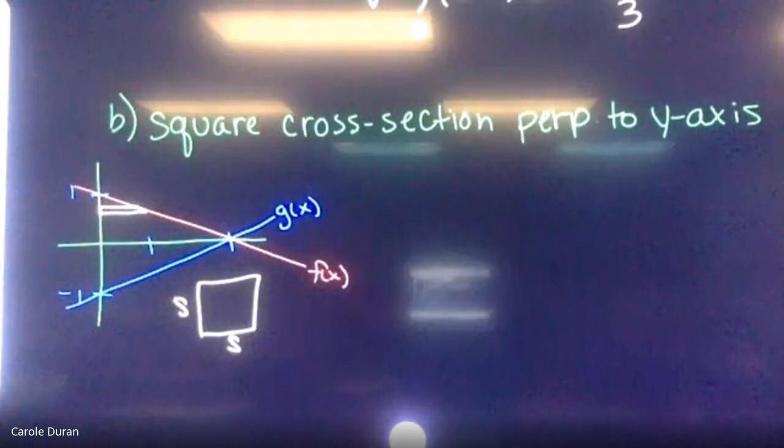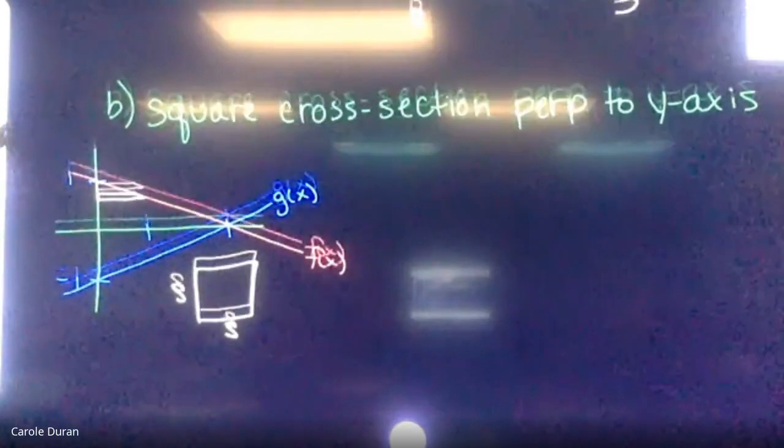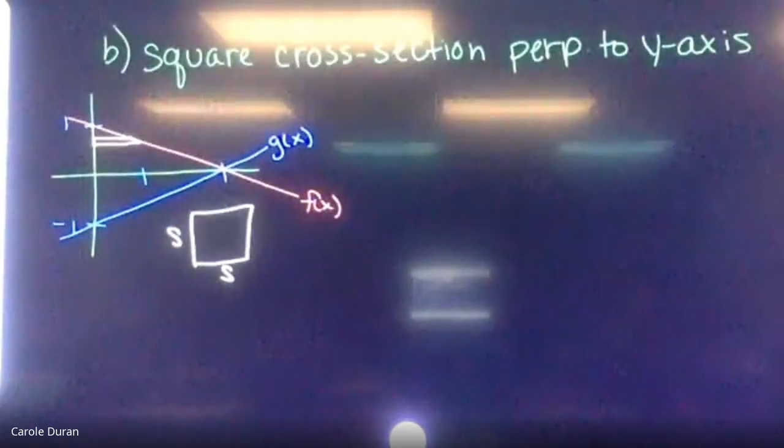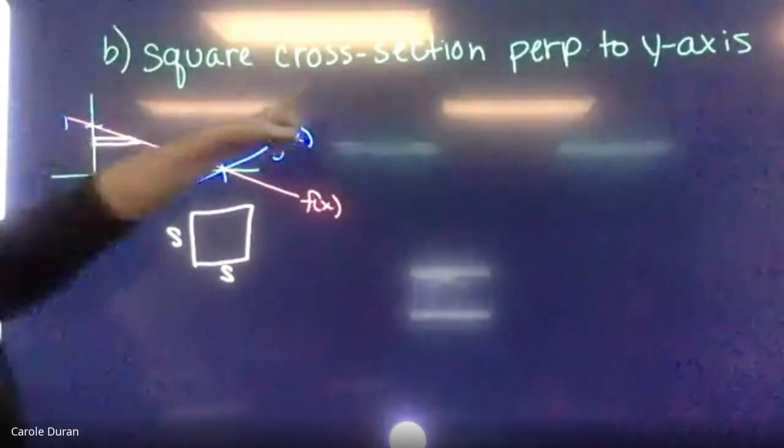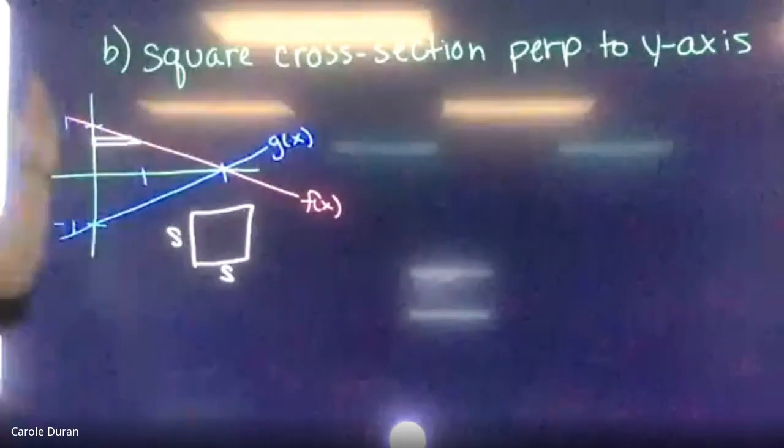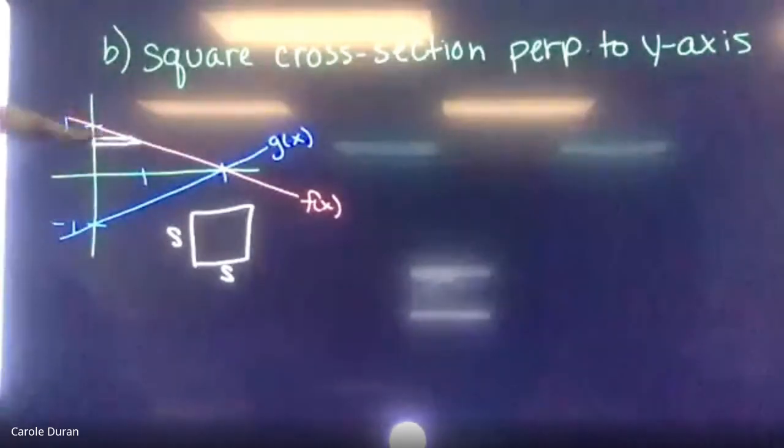Wait, why is it up and down? Like the first square, you split it like this. Right, because it said I'm running perpendicular to the y-axis now, and this is the y-axis. So perpendicular means intersecting at a 90-degree angle. Okay.